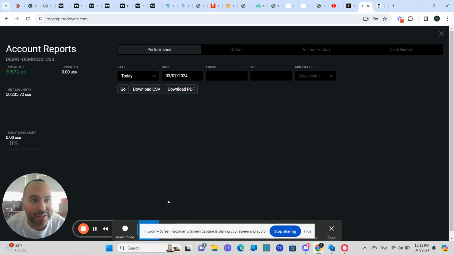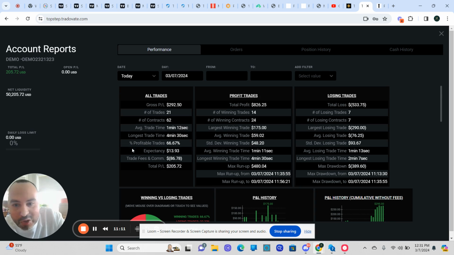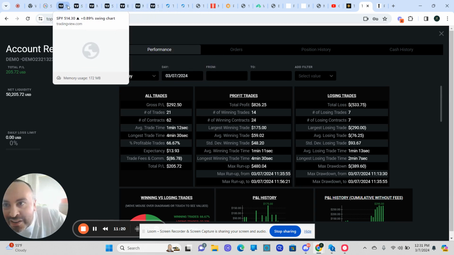But this may be a tool that actually helps you guys practice risk management. So some of these trades I just took, again, this is my first time. Another thing that's good about this is you can make trades right on TradingView, and it's an absolute game changer for me.